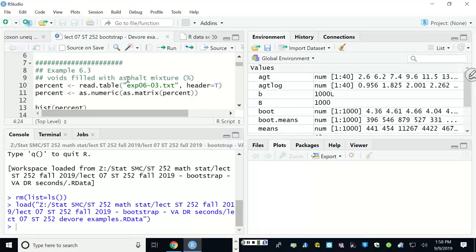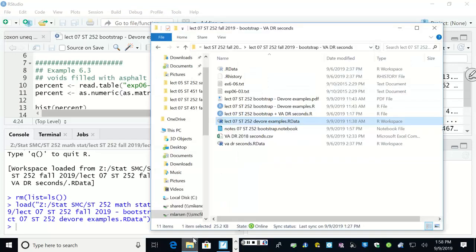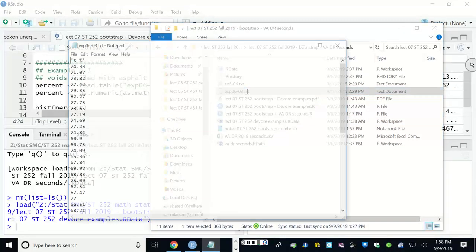And one of his examples is about taking an asphalt mixture and having a certain area that's getting filled in, and what percent of the area gets filled in. So engineering and scientific applications like that, and that's one of their things. It's a table, and it's just a text file.